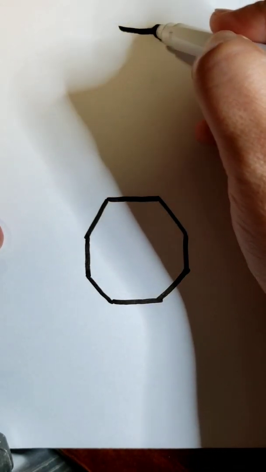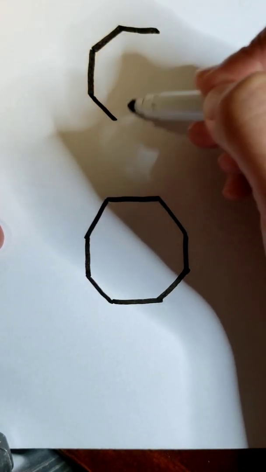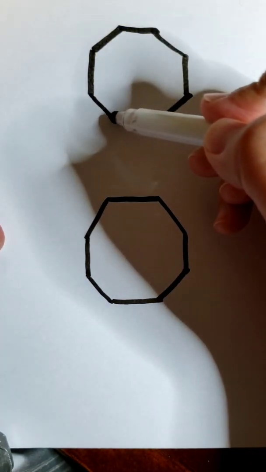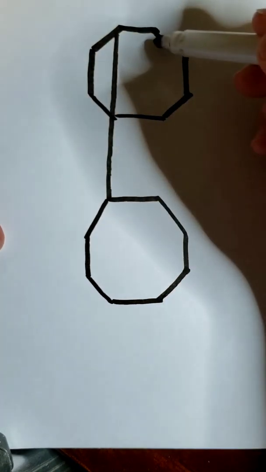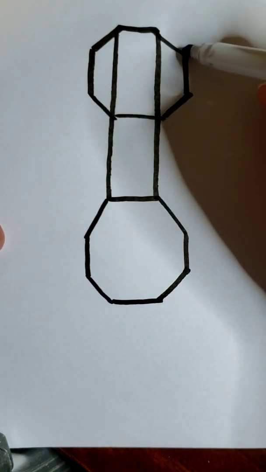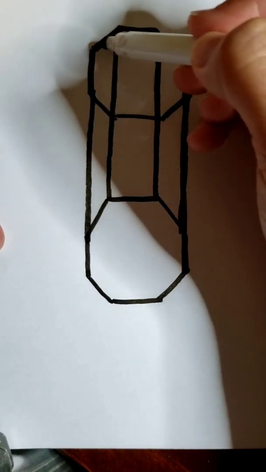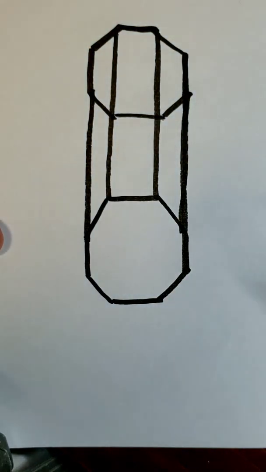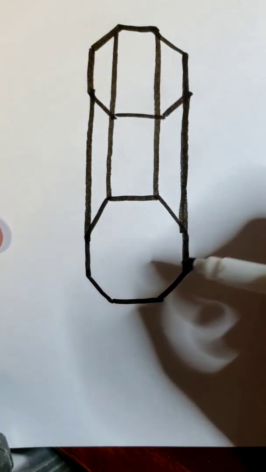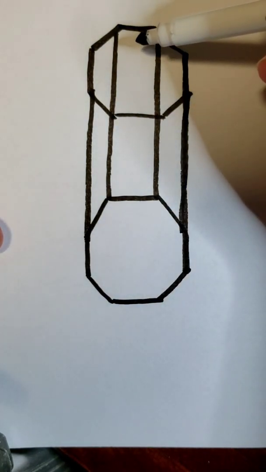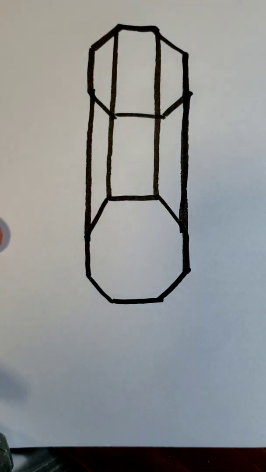So what if I drew another octagon up here and then connected the parts, kind of like that? It looks pretty cool. All right, so I want you to picture this three-dimensional. You got an octagon in the bottom, you got an octagon on top. Now, would this be a pyramid or would it be a prism?